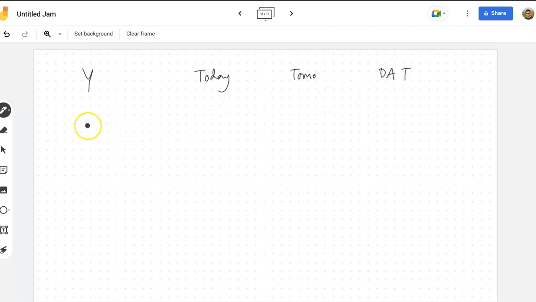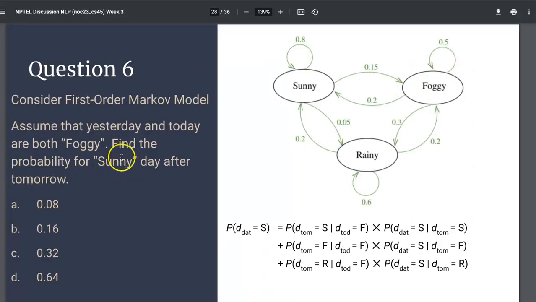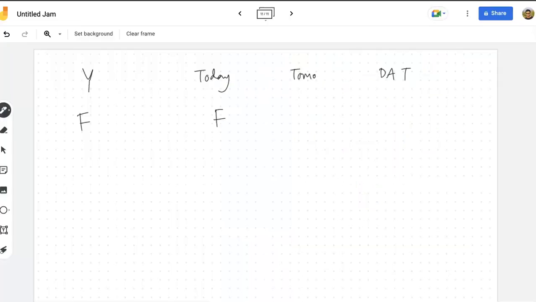What do we know? Yesterday is foggy. Today is also foggy. And they are asking for the probability that the day after tomorrow will be sunny. They are asking for this point only.